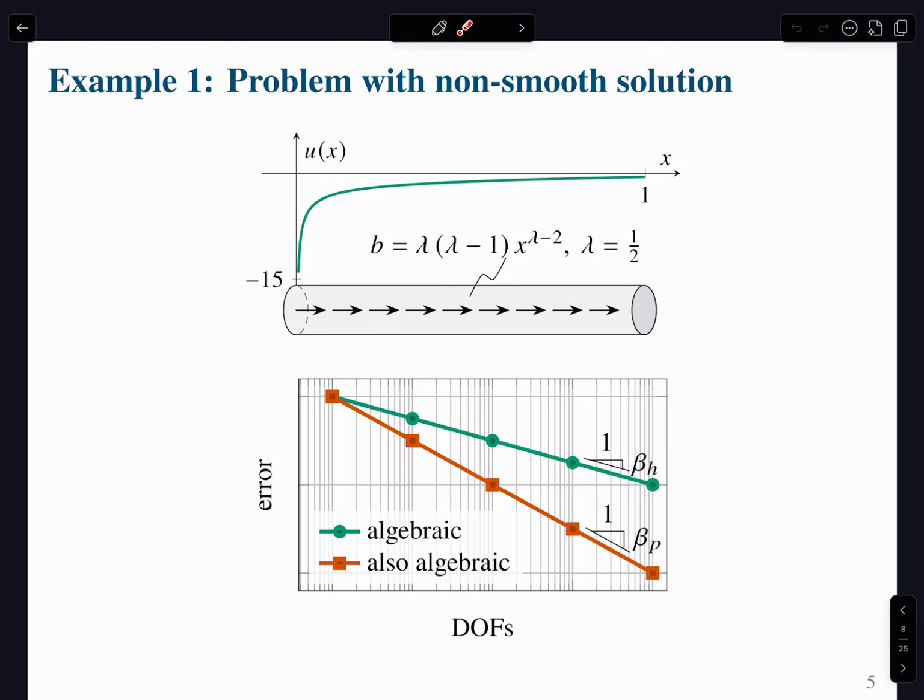And for these type of problems, what theory predicts is that you're going to have algebraic convergence rates also for p-FEM. So that would be the difference, right? Now, it may converge faster, but the convergence rate is still going to be algebraic. So we don't recover an exponential convergence rate unless we do something special, and we are going to talk about that too. All right?